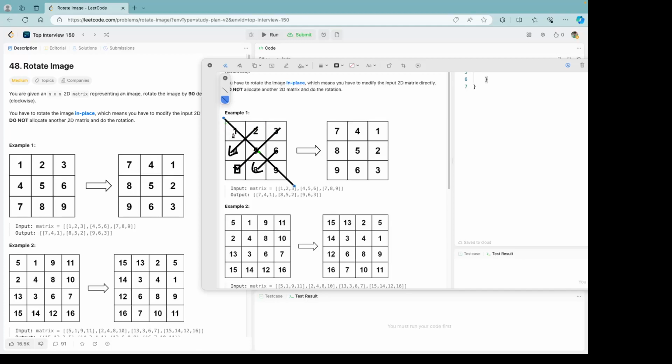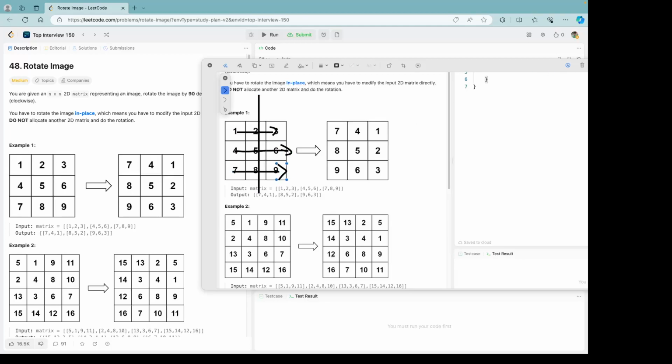Let's say the line of reflection is the diagonal, and we just flip all the elements across the diagonal. That is called the transpose of a matrix. We have one more theory called reflection of a matrix. Let's say we take the center as the reflection line, and we flip 1 with 3, 4 with 6, and 7 with 9.